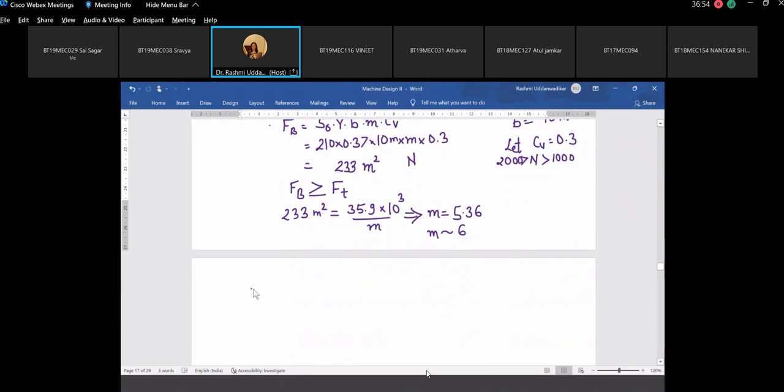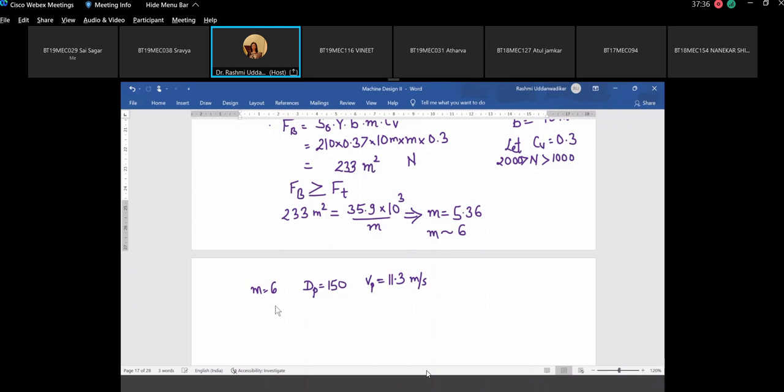So if M is 6, what is DP? It's 11. DP is 150 mm. What is VP?